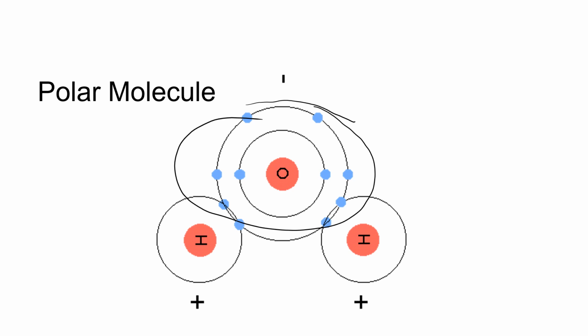And by consequence, on that side where the electrons are more heavily clustered, since electrons are negative, there's a negative charge. And on the side where the electrons are less heavily clustered, there is a slight positive charge. Okay? So any molecule that you ever hear that is polar, there's going to be a negative side and a positive side due to an uneven distribution of negatively charged electrons within that molecule.